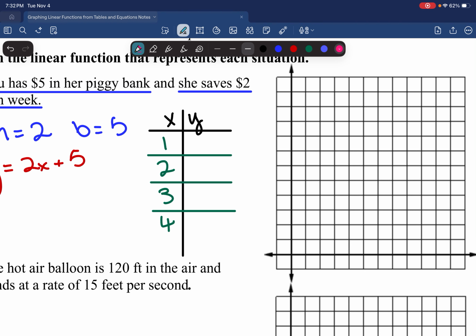All right, so when x is 1, 2 times 1 is 2 plus 5, that's 7. 2 times 2 is 4 plus 5 is 9. And then 3 times 2 is 6 plus 5, that's 11. And then 4 times 2 is 8 plus 5 is 13.